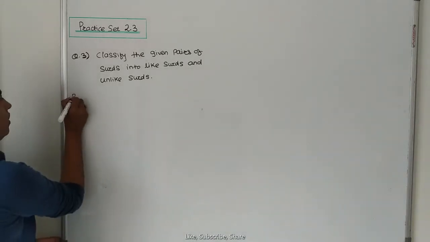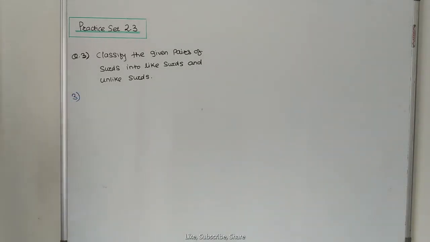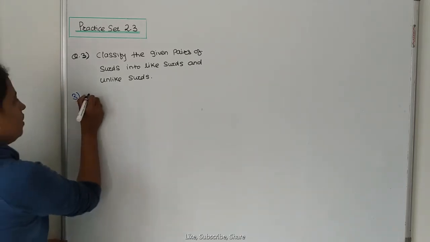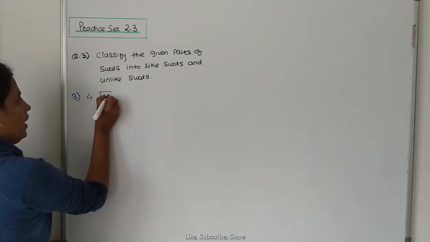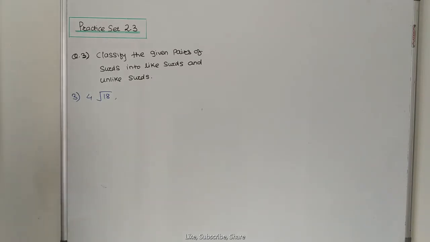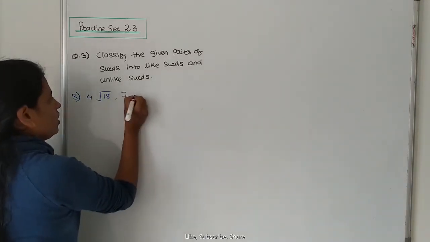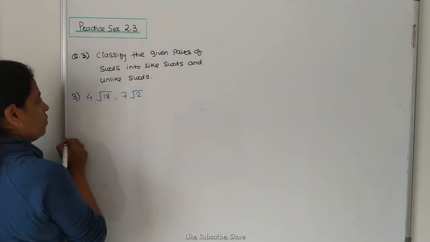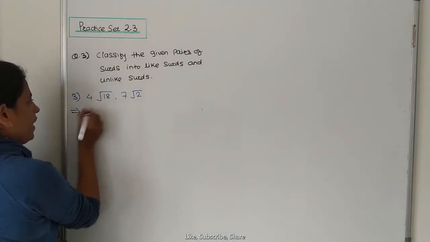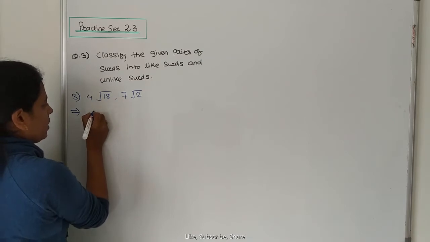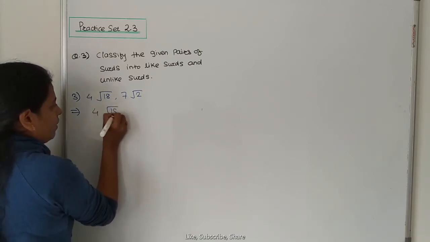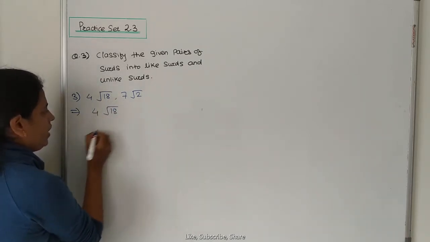Third one, that is 4 root 18, comma, 7 root 2. So first of all, factorize this one. This one is a factorization. So 4 root 18. So first of all, factorize this 18.